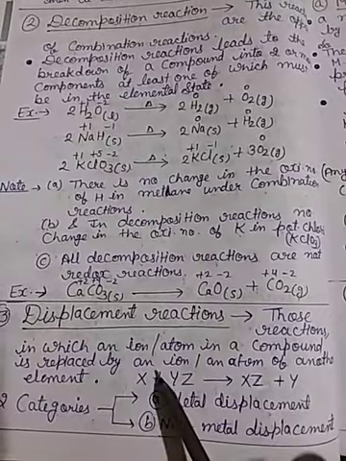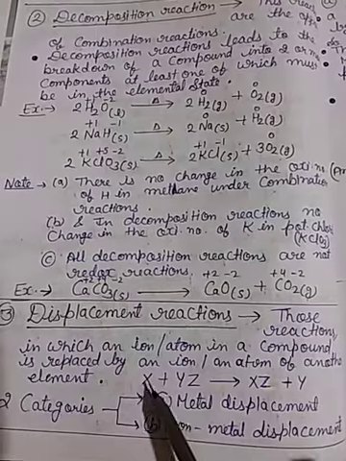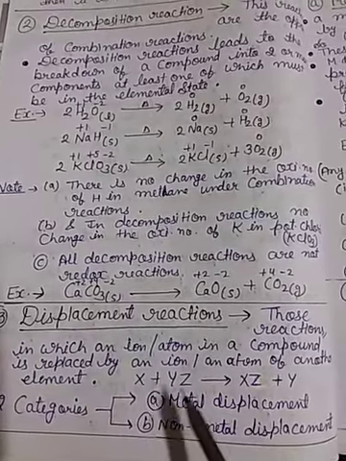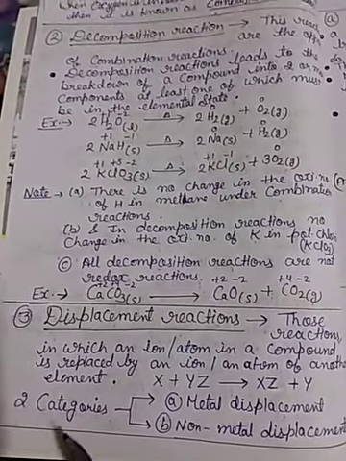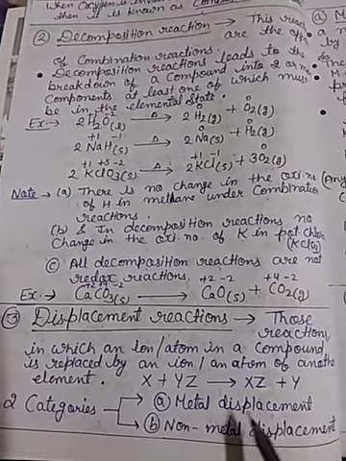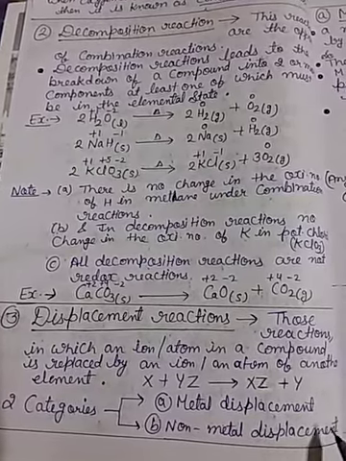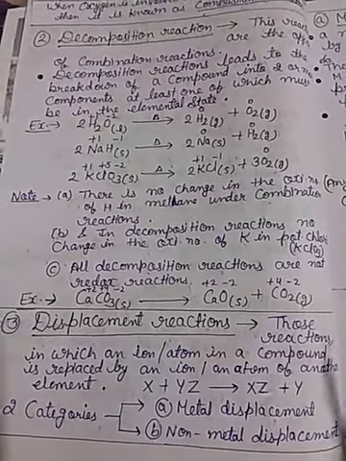So one ion or atom in a compound is replaced by an ion or atom of another element. It has two categories: first is metal displacement and second is non-metal displacement.